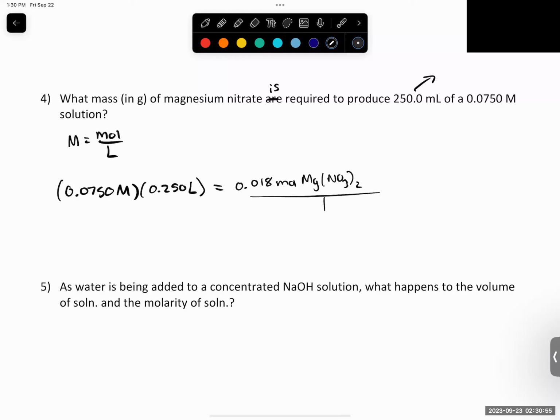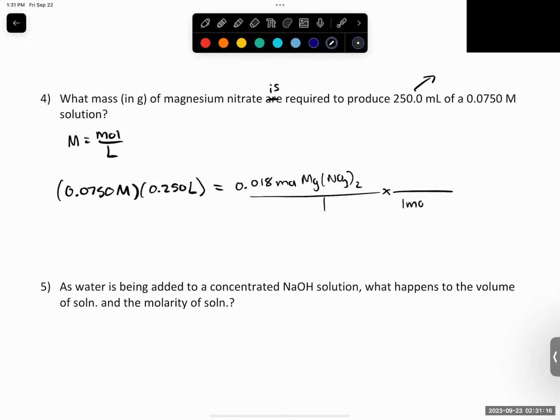I just got my moles of magnesium nitrate. I need to get my grams of magnesium nitrate. And there's something we've been doing since high school chemistry, and that's using the molar mass to get grams. This is nothing new; it's something we've done the entire semester so far.